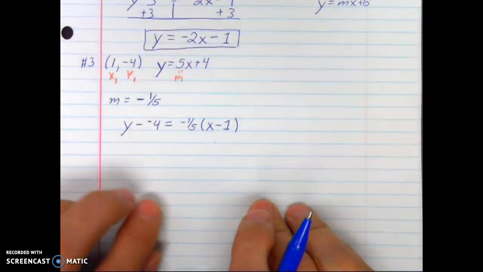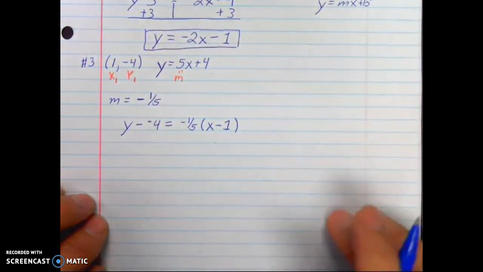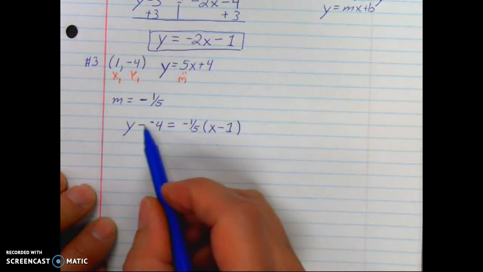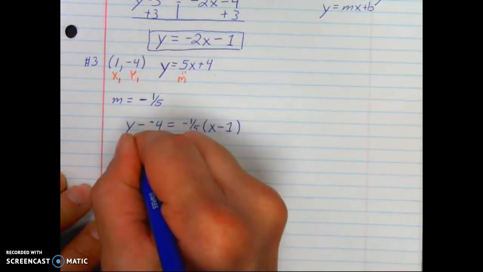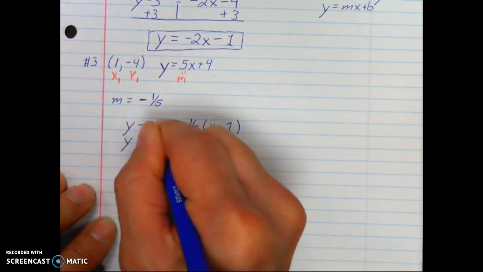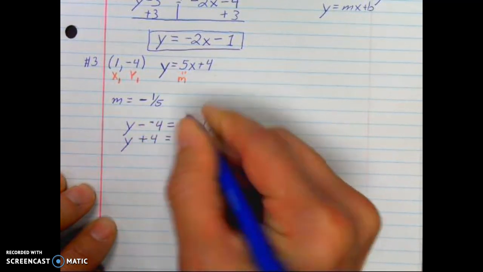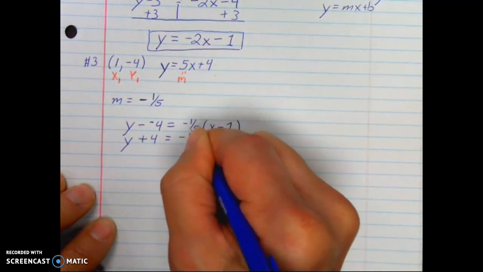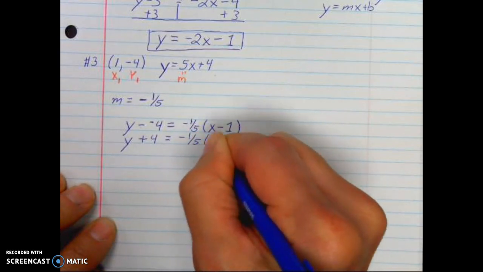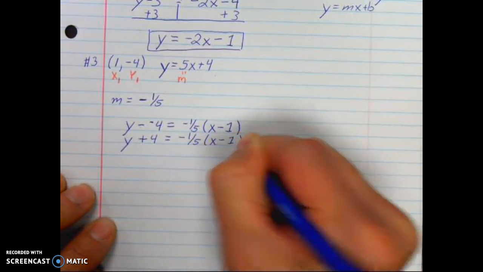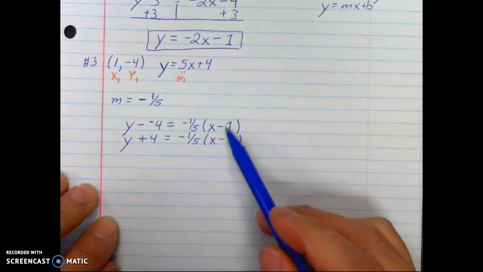So I followed my instructions, and then again over here I don't have that problem, but I don't like this, so I'm going to rewrite this. Y, the minus and the negative, I can make a plus 4 equals negative 1/5 x minus 1. Okay. So you see on this time, this side did not change.